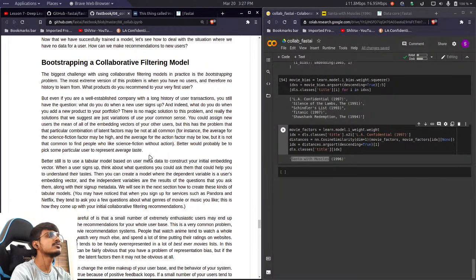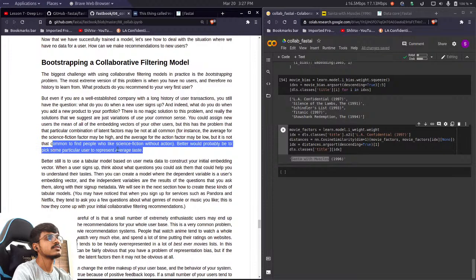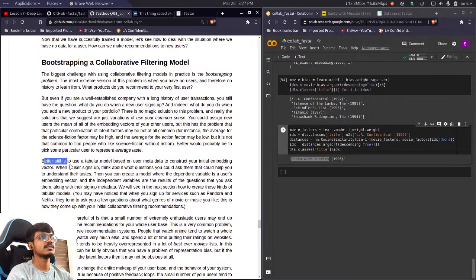We can also show the products which are highly biased, because these items tend to be the ones which users like regardless of their latent factors. So that might be one case. Better still is to use a tabular model based on user metadata to construct it. Exactly, that's what I said, user metadata.